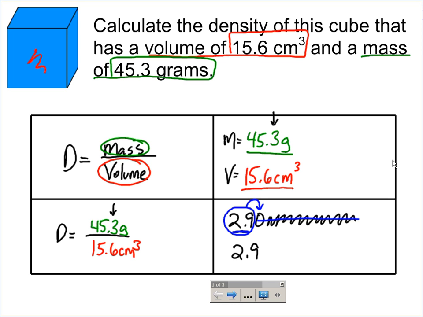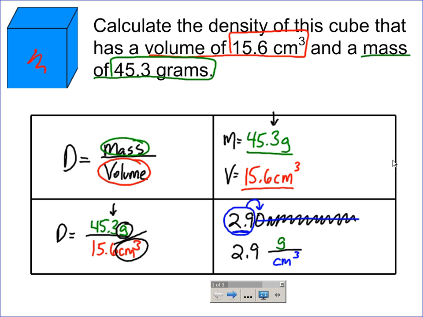Now for units, you might remember that I asked you to keep the units back here in the substitution because they'll help later. They sure will, because there's your unit. Since in the actual computation itself, you took grams and you divided it by cubic centimeters, that is simply the unit. So remember, units do not need to be memorized.